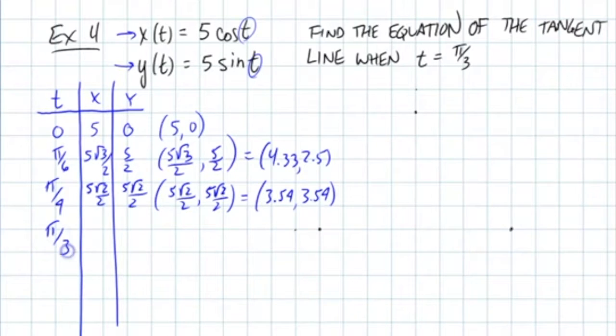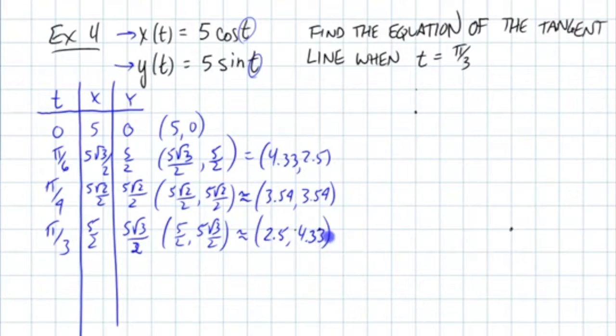At pi over 3, cosine of pi over 3 is 1/2, so we get 5 halves, and sine of pi over 3 is root 3 over 2, so we get 5 root 3 over 2. The coordinates of our next point are (5 halves, 5 root 3 over 2), which puts us at approximately (2.5, 4.33).